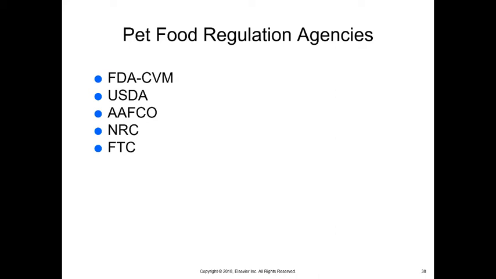So when we talk about regulation, there are 5 different regulators of pet food, and they kind of hit at different points within the food manufacturing. FDA, the USDA, AAFCO, which is the animal feed control officials, NRC, which is the National Research Council, and then FTC.